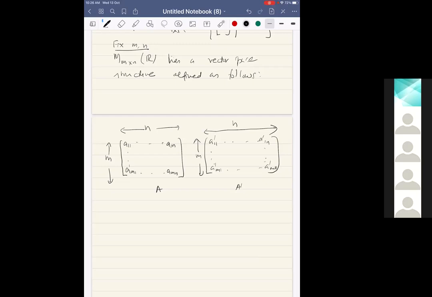So take two matrices. This is an element of this set, and this is an element of the same set. When I say it has a vector space structure, I should be able to add these two and define something.